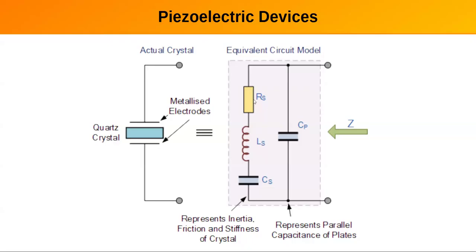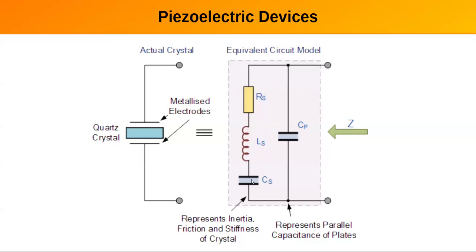So you have an effective series resistance and a series LC circuit. And then the plates themselves act as a stray capacitor. So that's why that long definition, that's what it's representing: the motional capacitance, and that inductance and capacitance is the electrical equivalent of that mechanical resonance, the mass of it and the springiness of it.